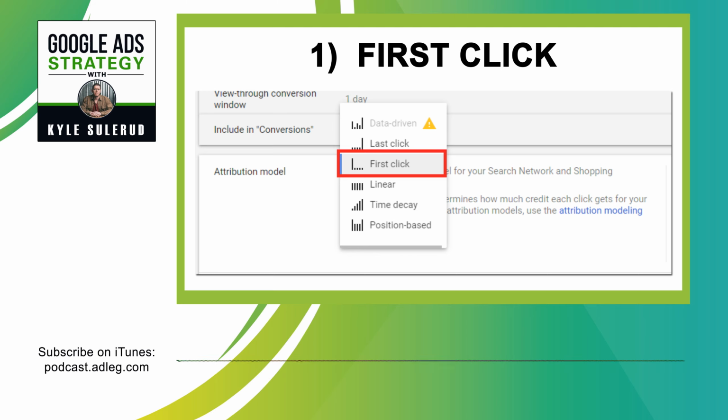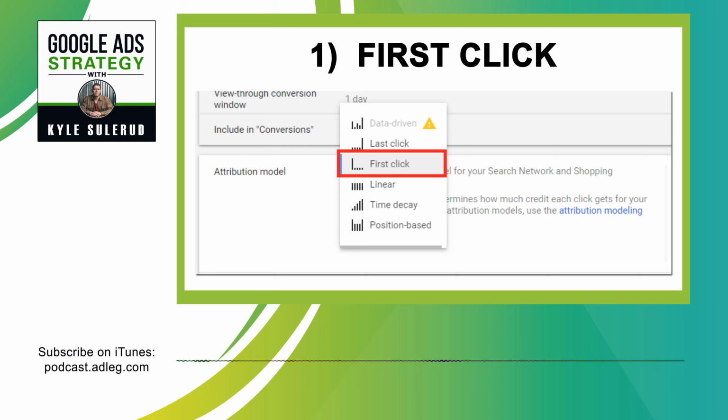But if their first click in Google Ads was to a cold traffic campaign, that's where the conversion is going to show up. It won't be in my remarketing campaign. So the results in the remarketing campaign will be skewed, and I just need to keep that in mind. I'm fine with that. I've found that it's more important to be able to optimize for that first click, that cold traffic coming in.